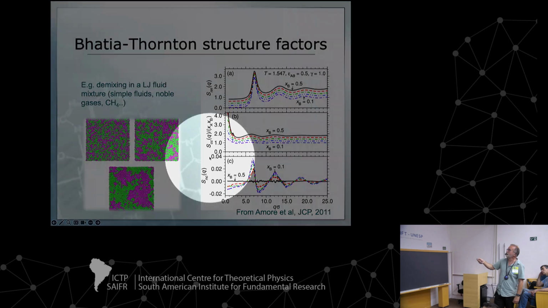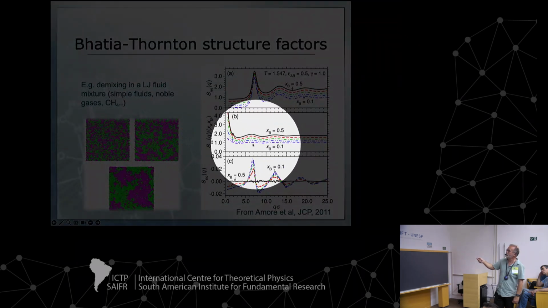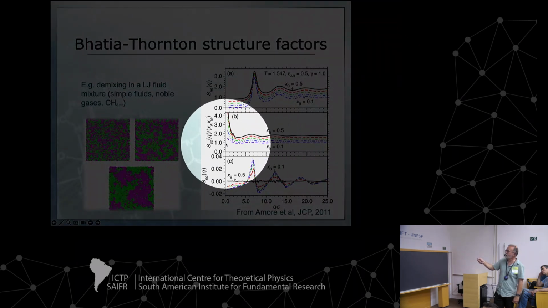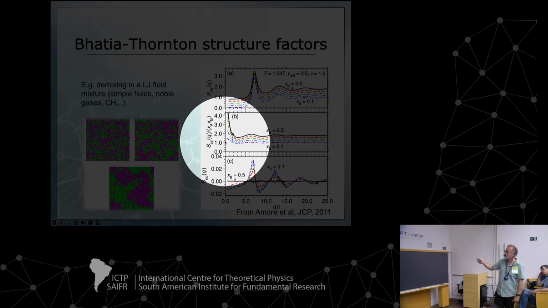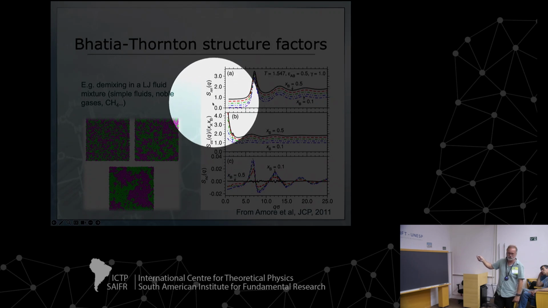And if you look at the concentration structure factor, here you have what happens when you increase, in this case I think you lower the temperature or increase the concentration of one of them. Sorry. So here it's relatively small, practically nothing, and then it blows up.